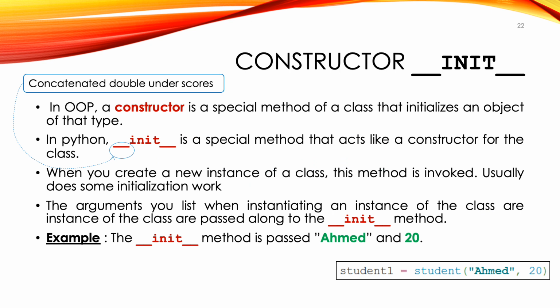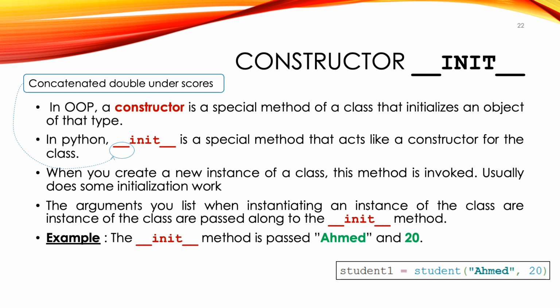Now we are finally tackling this mysterious method init. What you should know about this method is that it is simply a special method. It's called constructor. The name init is the shorthand of initialization. It should be as it is, init delimited by double underscore.